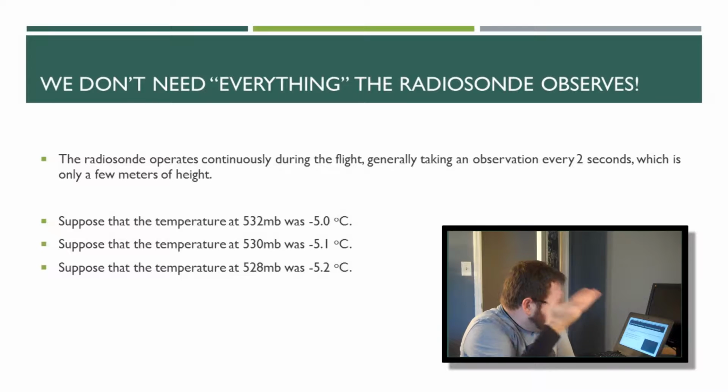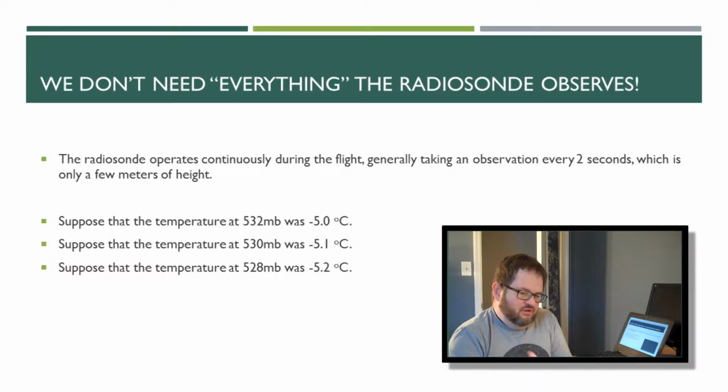For example, let's just suppose, I got a little example here. Let's say that the balloon, when it hit 532 millibars, the temperature measured was negative 5.0 degrees Celsius. And then, a couple seconds later, it measured the pressure of 530 millibars, and it had a temperature of negative 5.1 degrees Celsius. And then a couple seconds later, it measured at 528 millibars, the temperature was negative 5.2 degrees Celsius.